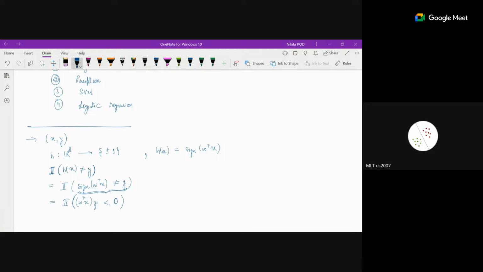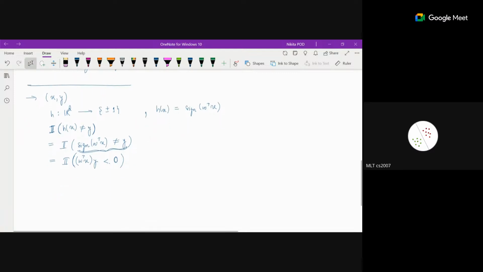Okay. So why is this true? You can think of it as maybe here, you have w transpose x and then you have y.